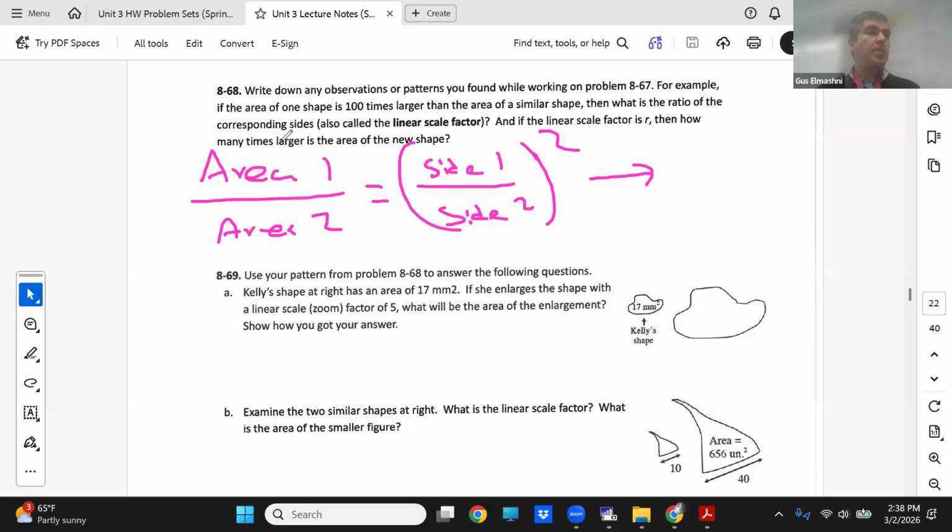So if one shape is 100 times the other, let's say area 2 is the area of 1, right? Then area 1 would be 100, right?